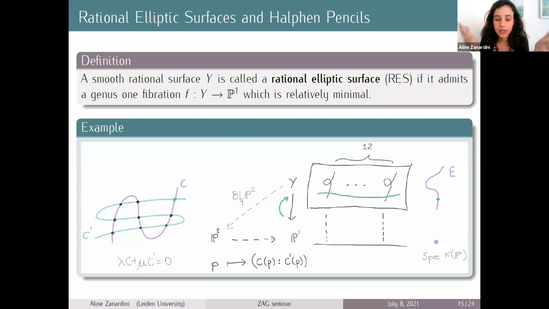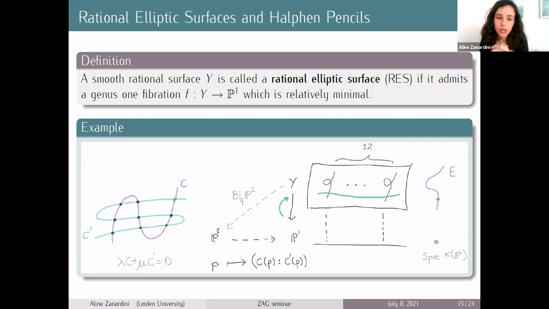This generates a pencil, and in particular, this defines a rational map from P2 to P1, which is not defined precisely at the 9 points where the two curves intersect. Now, if we resolve this so that we obtain an actual morphism, by blowing up the 9 points, then what we get is a rational elliptic surface. So it fits the definition that I just presented.